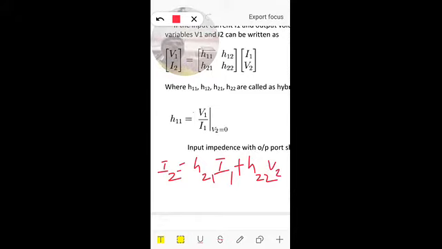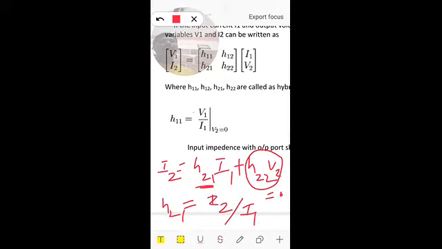From this we can find the other two parameters H21 and H22. To find H21, we have to reduce this term to 0. By short circuiting the output terminals, by reducing V2 to 0, we can write the equation for H21. H21 is equal to I2 by I1, keeping V2 0.